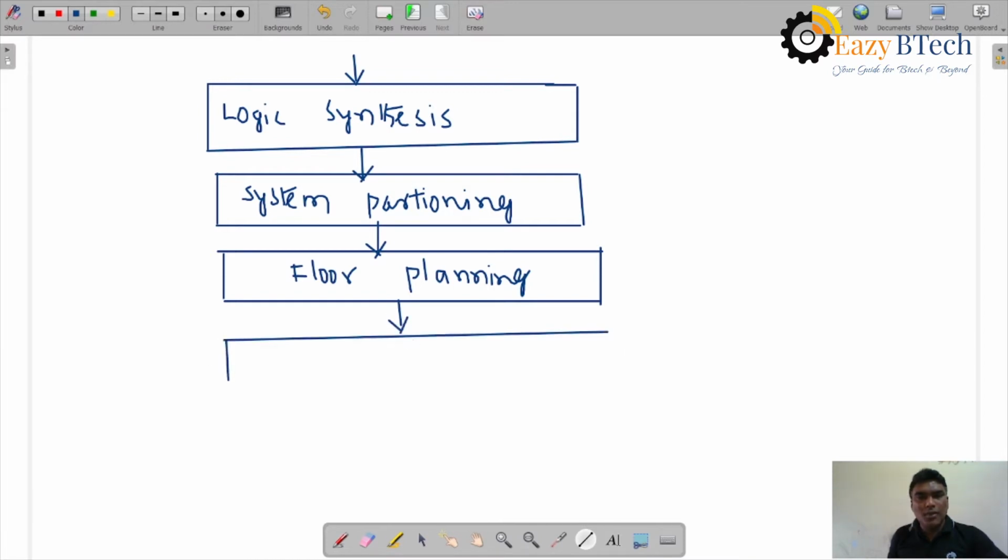After floor planning, place and routing.